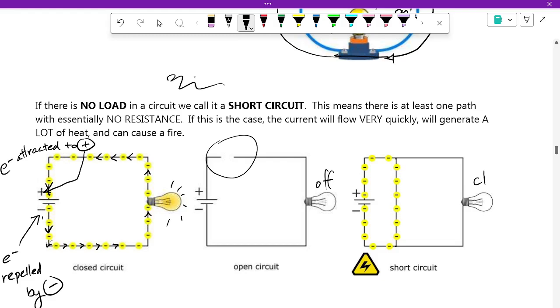This is like climbing Mount Everest. Electrons getting through that light bulb, there's all sorts of things in their way. That light bulb filament is very uncomfortable for electrons to make their way through. There's a lot of resistance. So they're bumping into things and crashing into things, and it's very difficult. But electrons love to flow through wires, and there's nothing in their way.